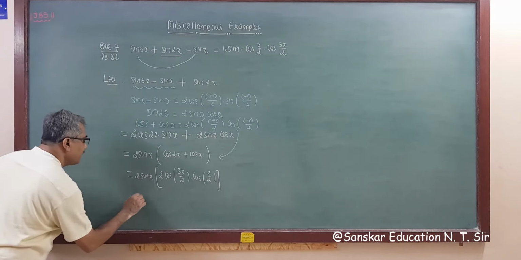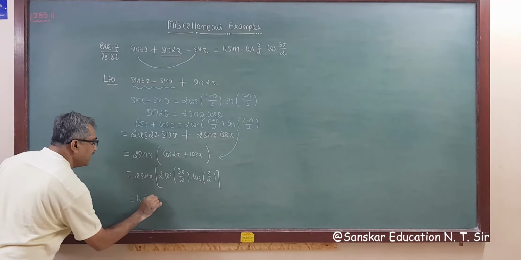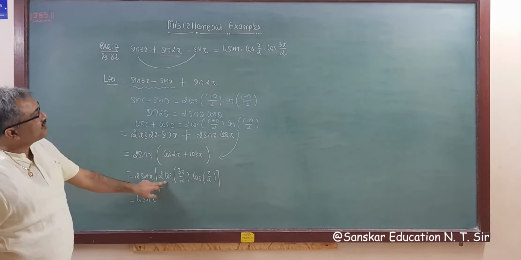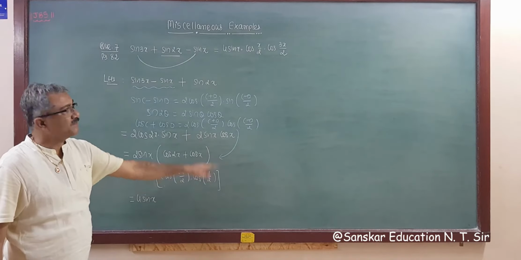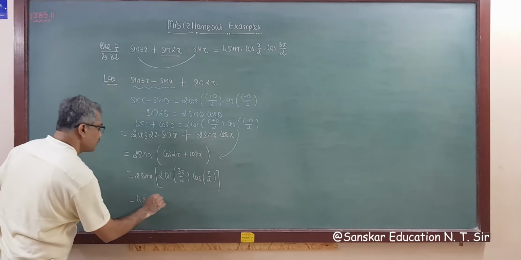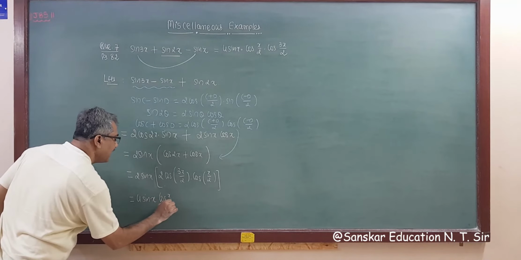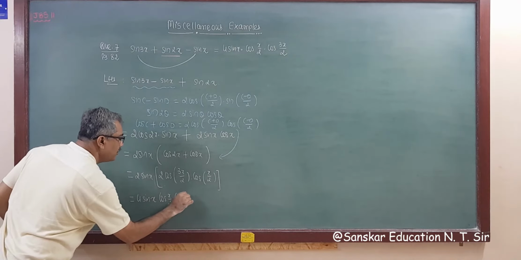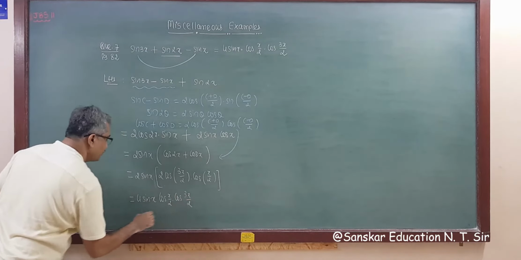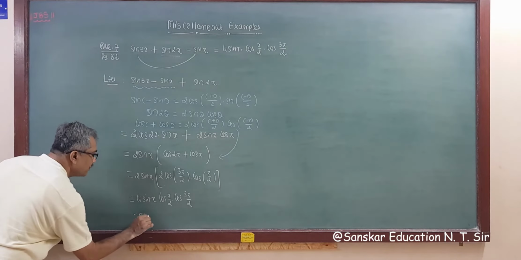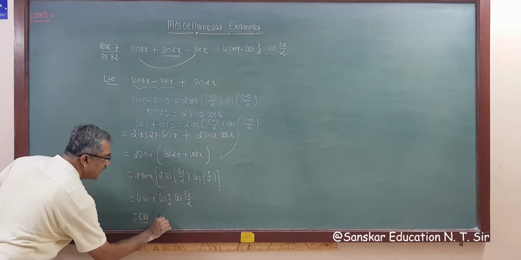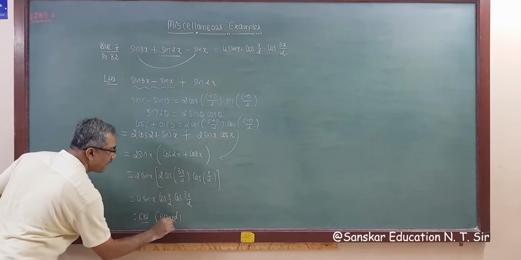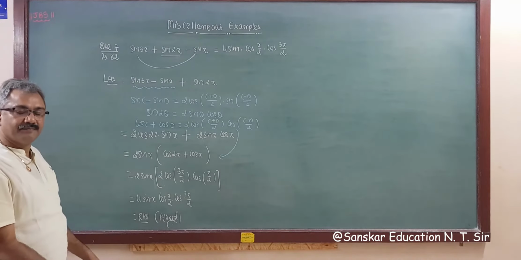So this is 4 sin x cos 3x/2 cos x/2. That is what we wanted to prove, the right hand side. Hence this is true. Got it?